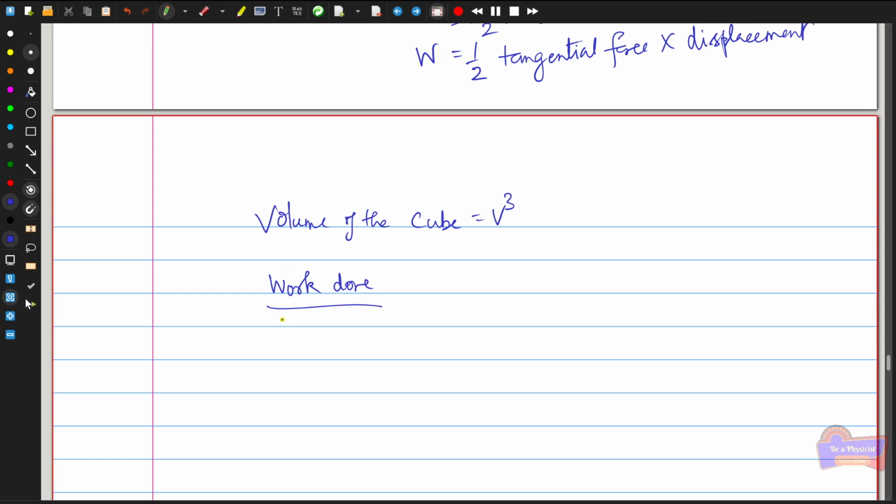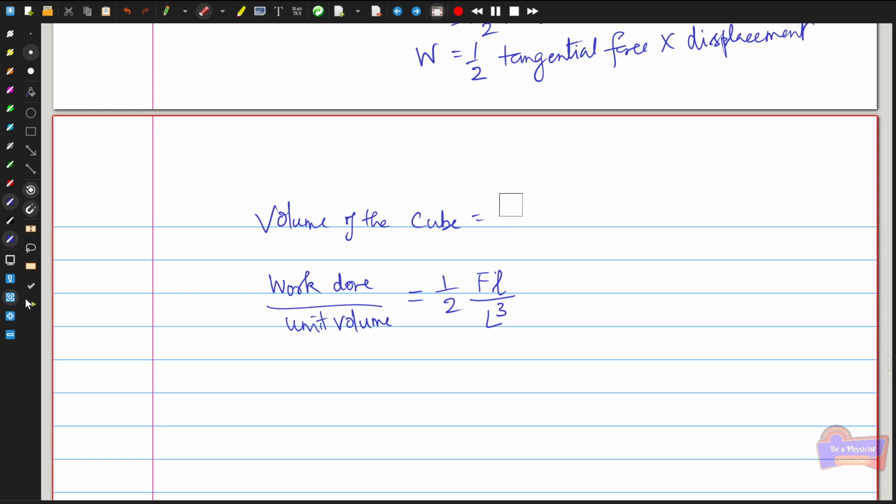Work done per unit volume is nothing but half F small l divided by L cube. This is not a B cube, it is actually L cube. So V is equal to L cube, so that work done per unit volume is equal to half into F l divided by L cube.